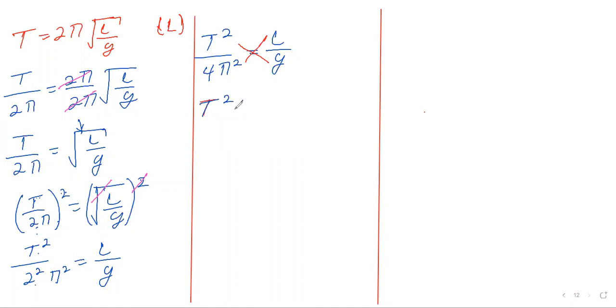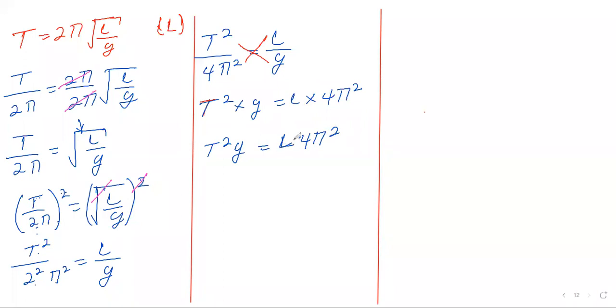So T squared times G is equal to L times 4 pi squared. Now, remember that your main aim is to make what? The L the what? L the subject. So you're left with T squared G is equal to L times 4 pi squared, if you wish.